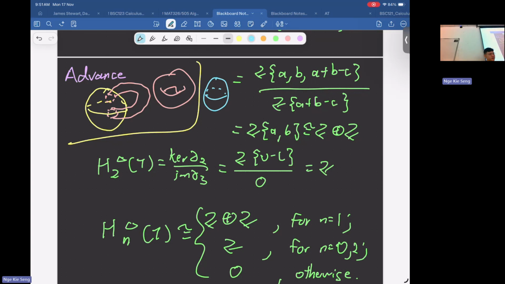How do you see two sphere in a torus? Yeah, I let you imagine first.